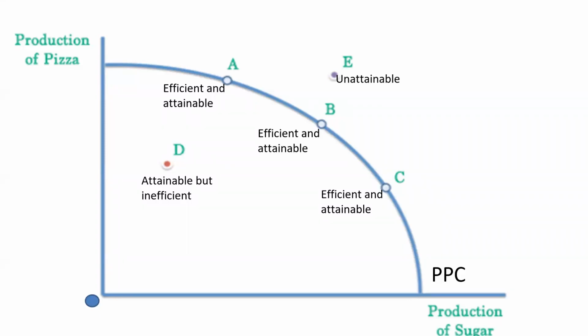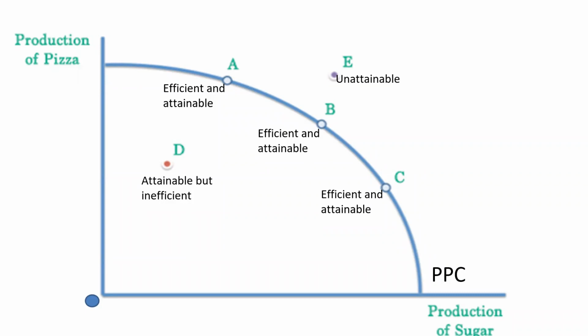So because we have this here, we can make an assumption that if A, B, and C are efficient and attainable, point D, which is inside the PPC, is attainable, we could get it, but we're not fully utilizing it, it's being wasted. It's here for us, but it's inefficient. And then we have E, which is unattainable.